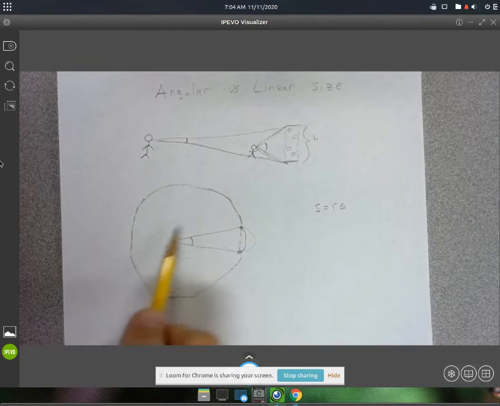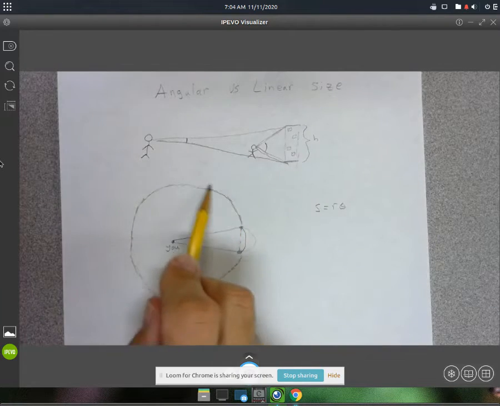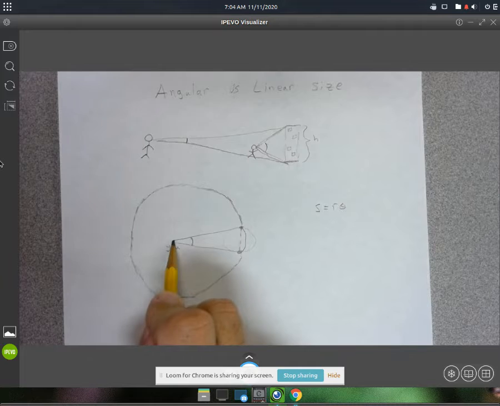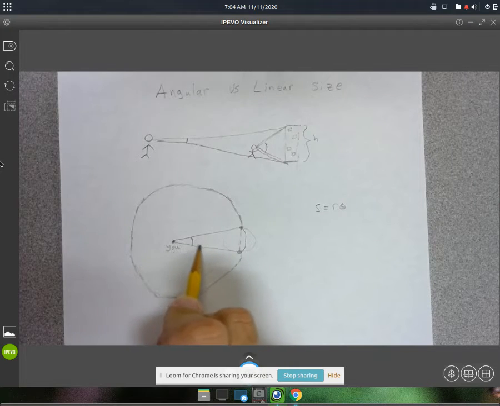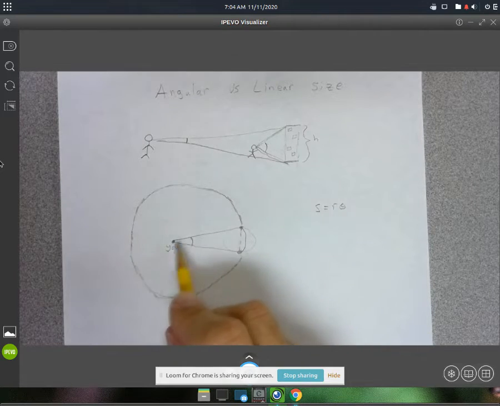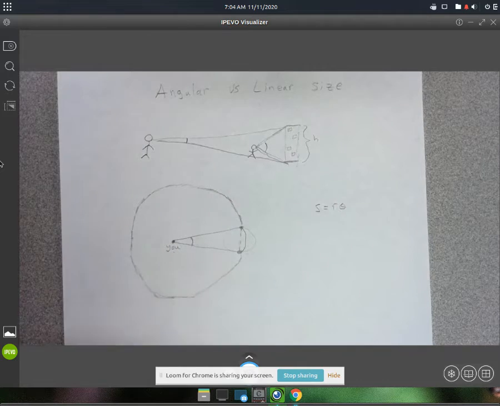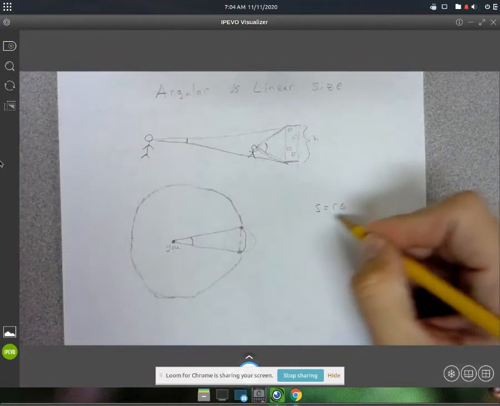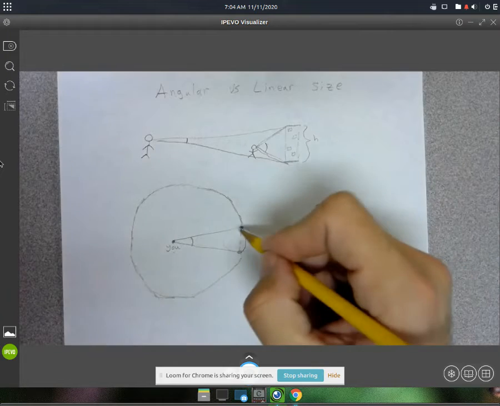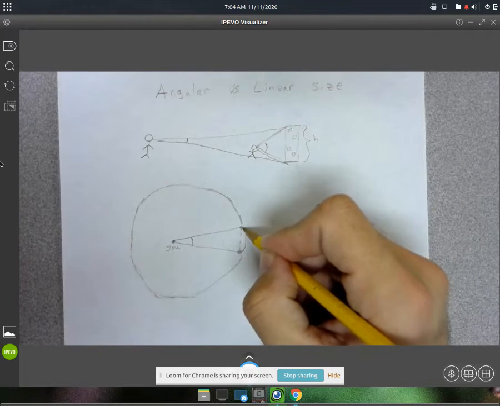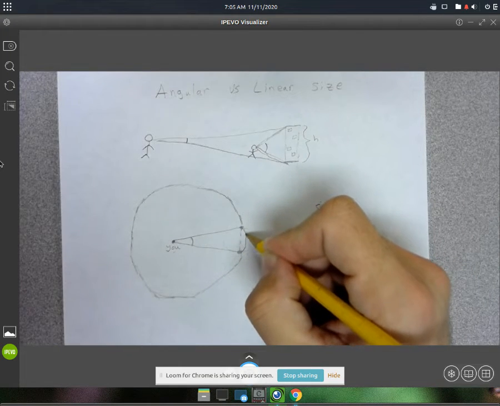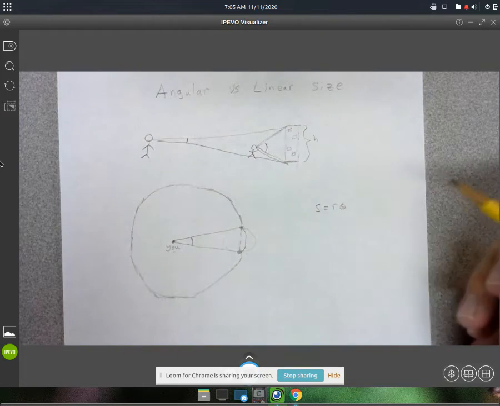If we have this full circle, and you're supposedly in the middle of it here, this would be one radius of the circle, and this would be the other. We can use the S equals R theta formula to find the sector length or the arc length of this little swath right here.